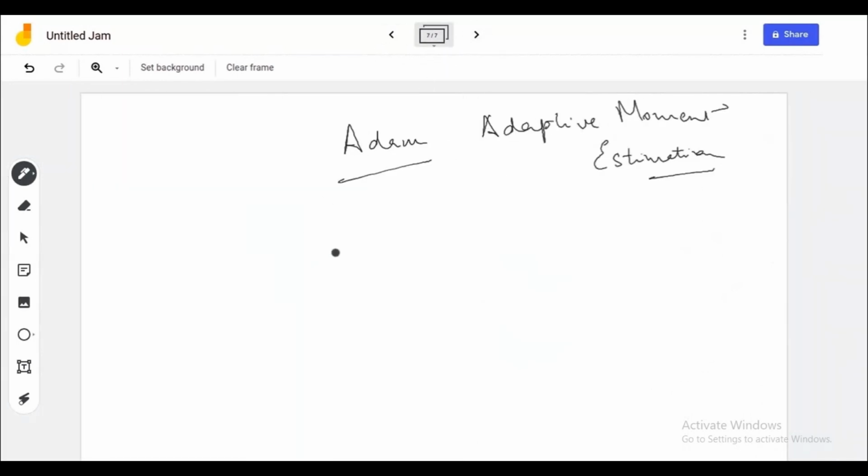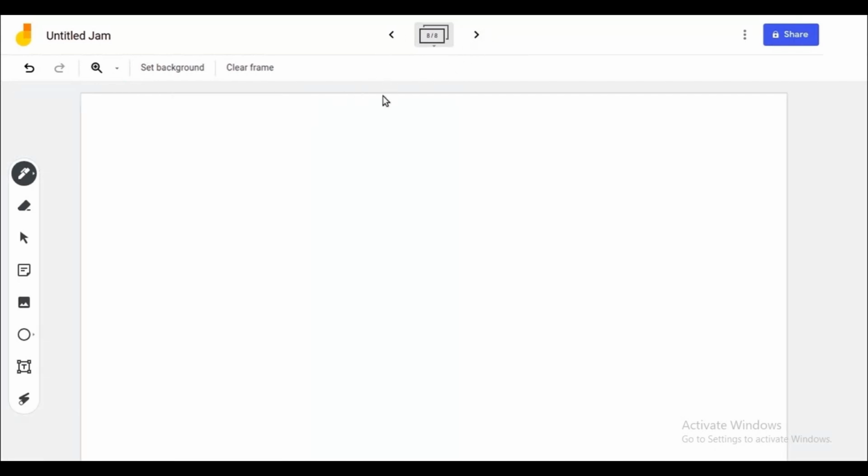So what Adam came up with was, along with using gradient squares, we will also use gradient. That means instead of doing the EDA of just the gradient square, we will also do EDA for gradients.